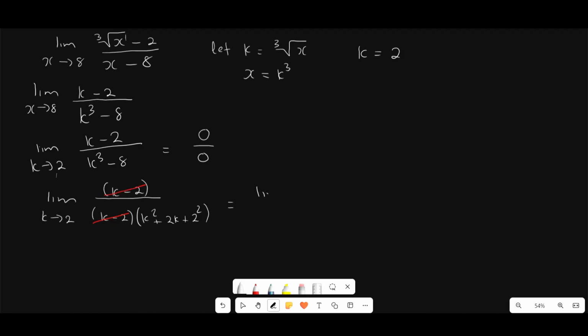I will have the limit as k approaches 2 of 1 over k squared plus 2k plus 4. Do the direct substitution, then you will get 1 over 4 plus 4 plus 4. That is 4 plus 4 is 8, plus 4 is 12. So this should be 1 over 12. I hope that makes sense. You should get 1 over 12 in this case.